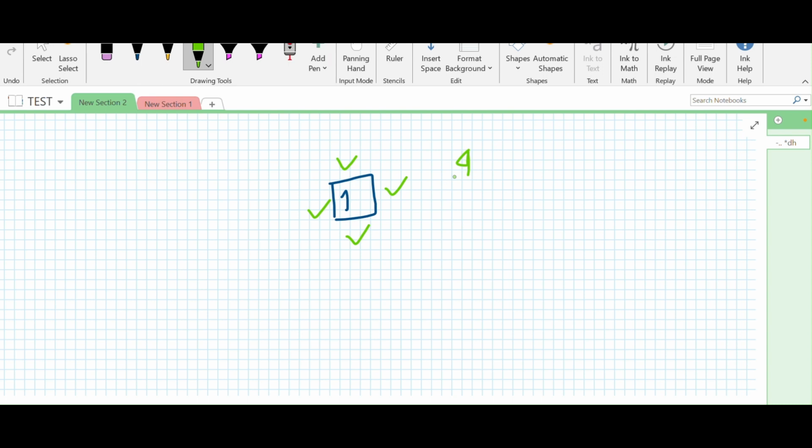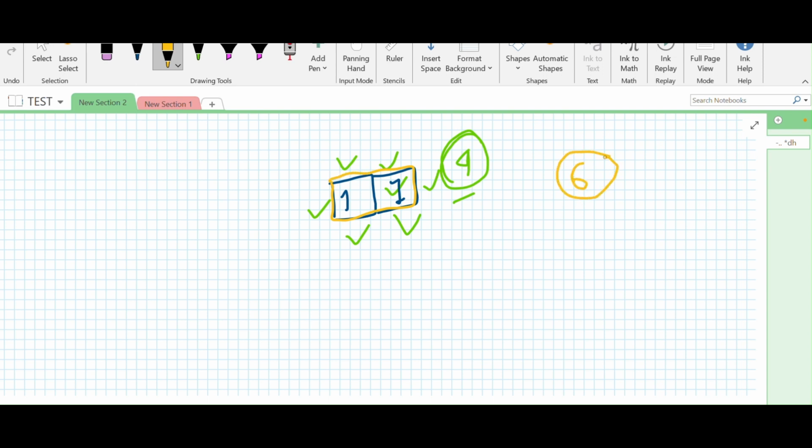But if I have another cell connected with that, and all the other sides are covered by water, now the perimeter is 6. Why 6? Because this is 1, 2, 3, 4, 5, 6.